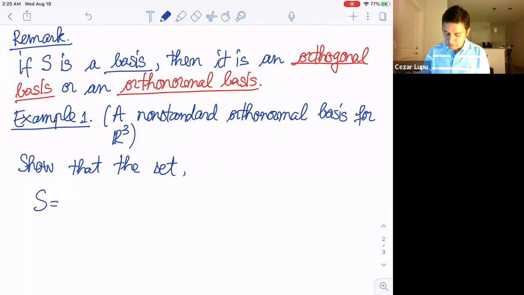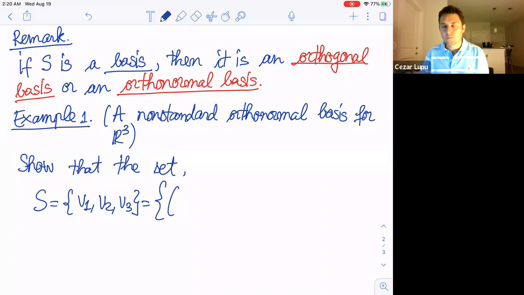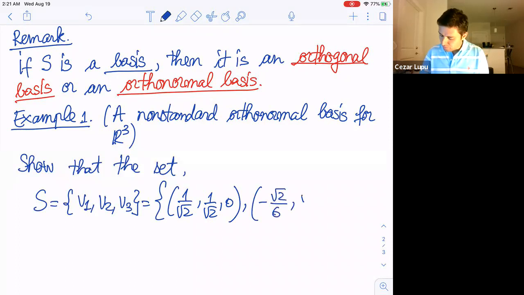S will consist of these three vectors, v1, v2, v3. v1 is 1 over square root of 2, 1 over square root of 2, and let's pick 0. Then the next one, v2, will be negative square root of 2 over 6, square root of 2 over 6, and the last one is 2 square root of 2 over 3.